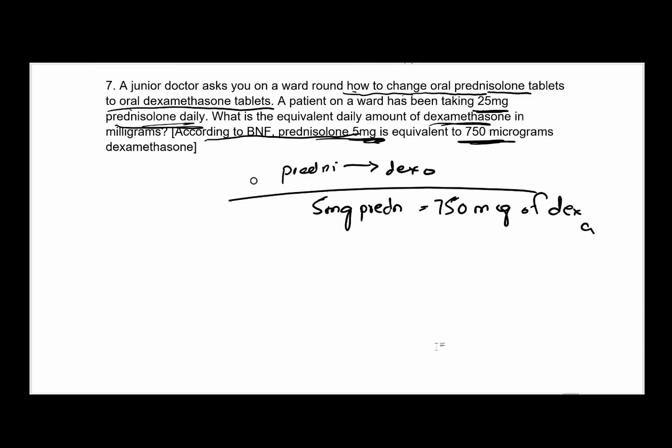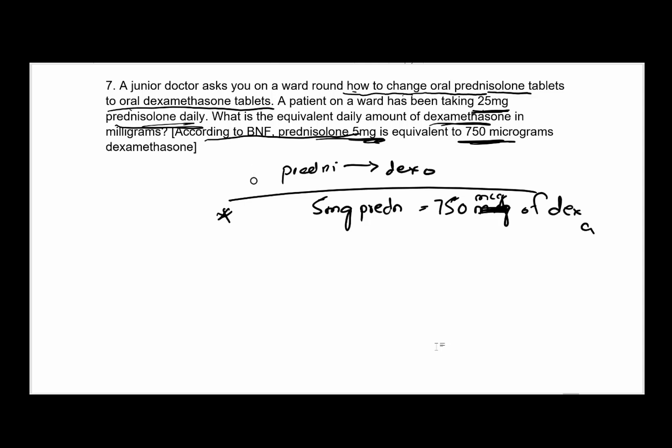Sorry, yes, this is mcg. 5 milligram of prednisolone is equal to 750 mcg of dexamethasone.